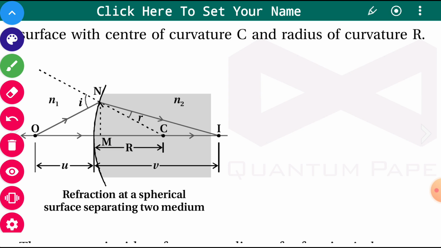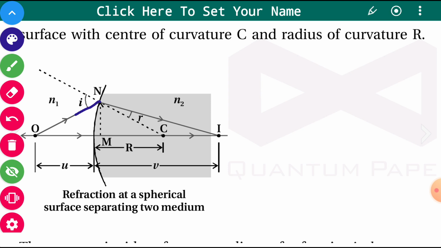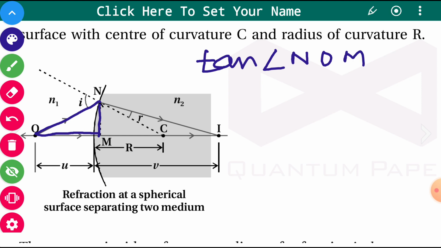Now these angles are considered to be small angles. Say angle NOM. Try to understand this angle NOM, which I am showing here. Take this triangle NOM. Then, as you know, tan theta is opposite upon adjacent, so it becomes NM upon OM.